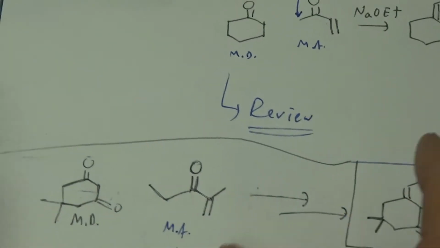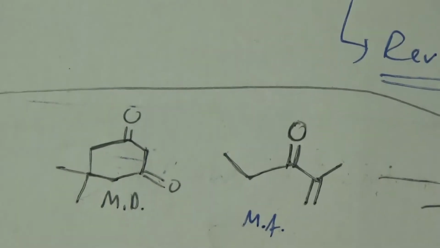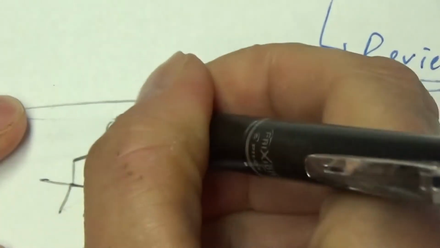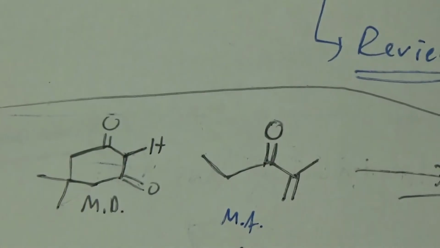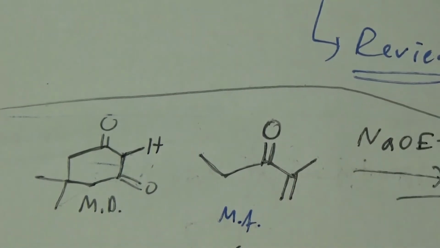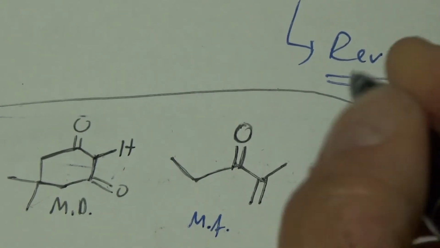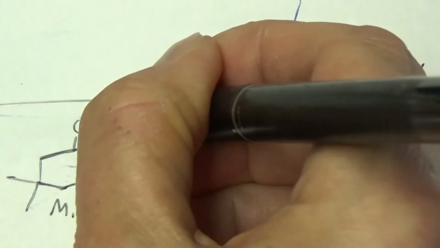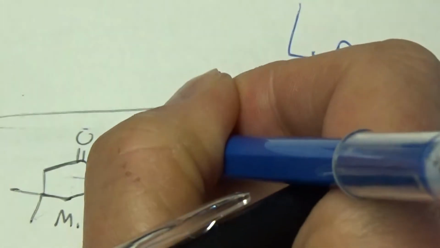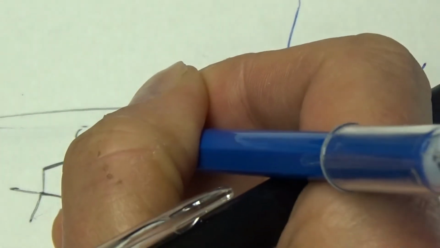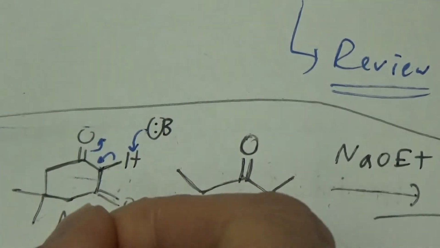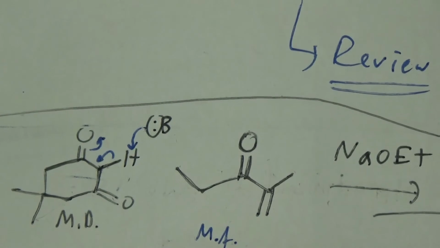Okay, so for the first step, it's just the Michael. But we first have to take out the proton. We assume a reagent, NaOEt, also I should have said that. Just a base, right? Alright, base takes proton. I'll just draw it this way. B with a lone pair takes the proton and makes an enolate.